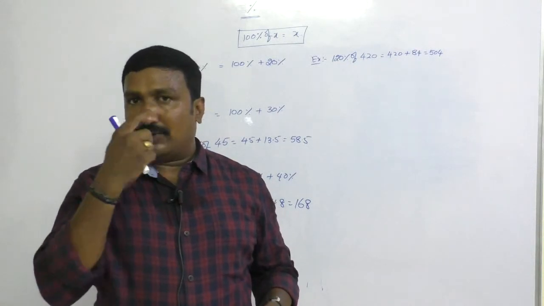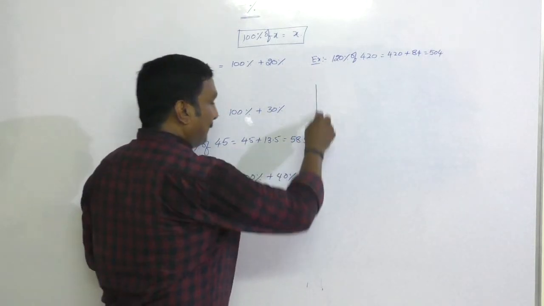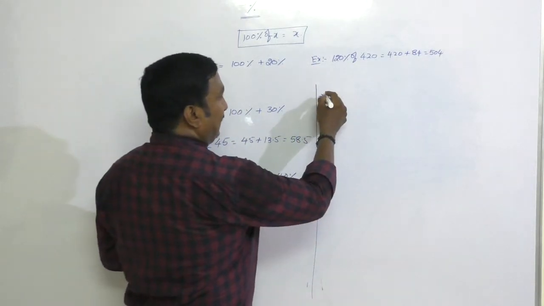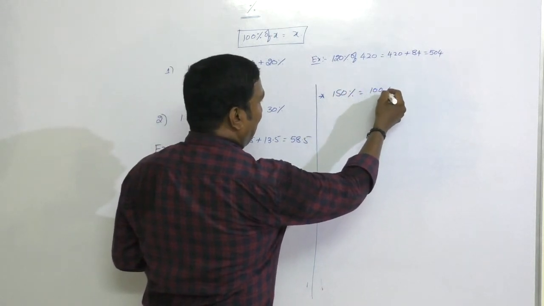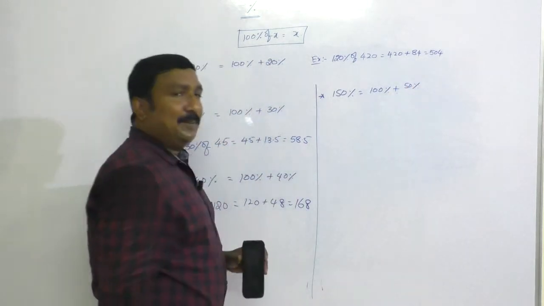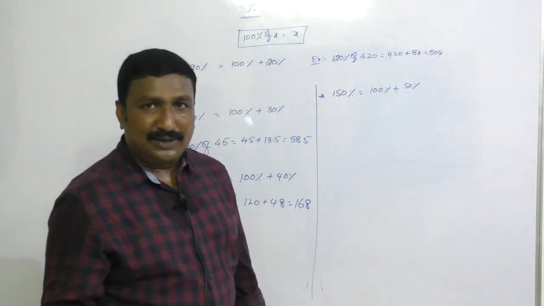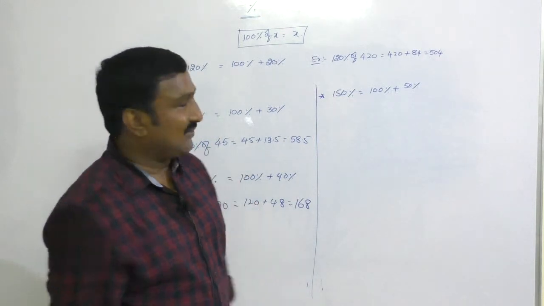Now how to calculate 150%? 150% is nothing but 100% plus 50%. Simply, we take that number plus half of that number, and we get 150%.